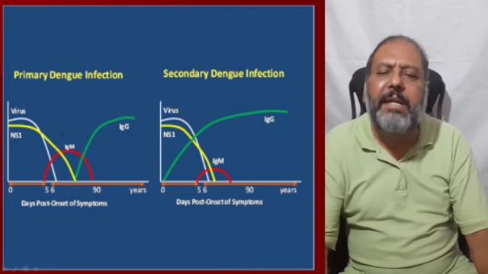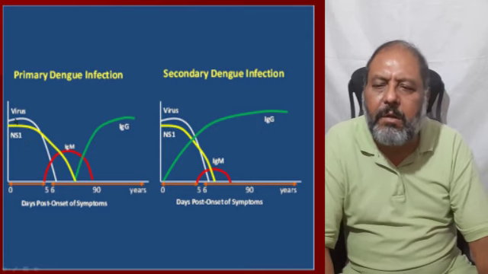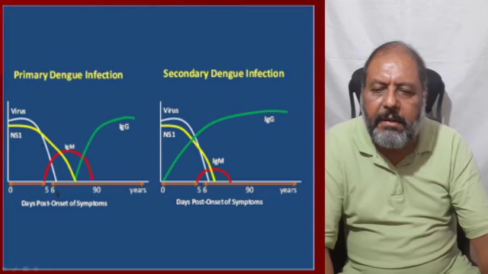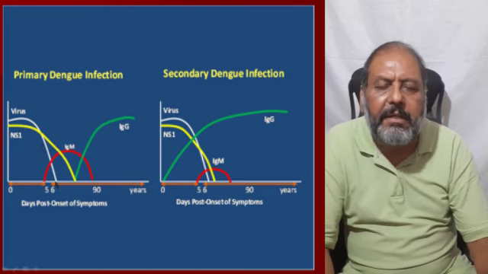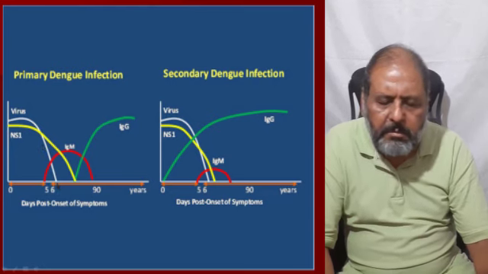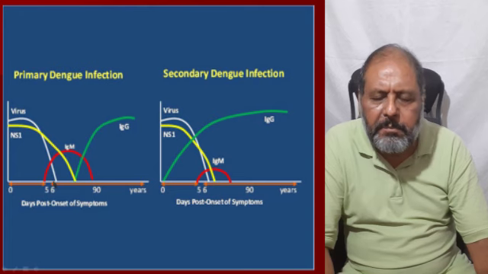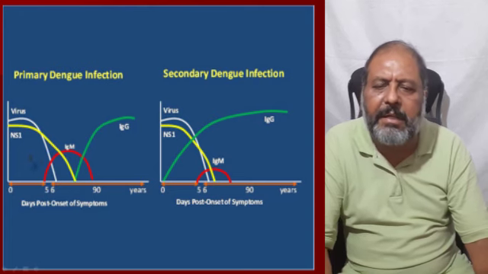Now, in primary dengue infection, the virus is there, and after 5-6 days it is killed by the body.